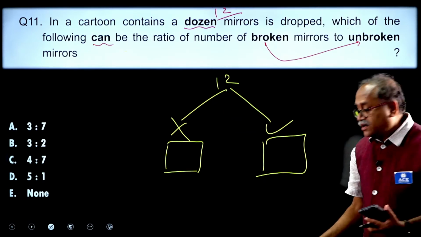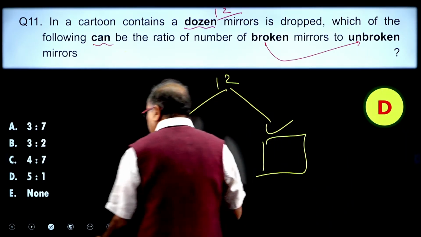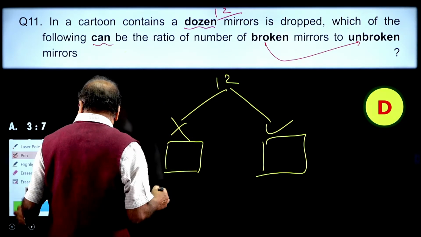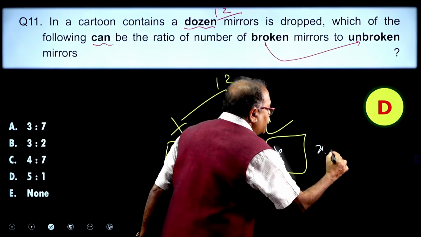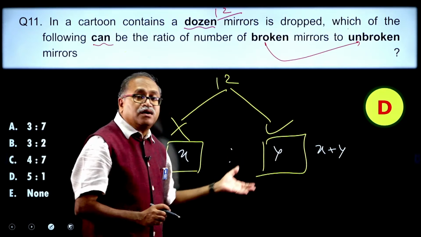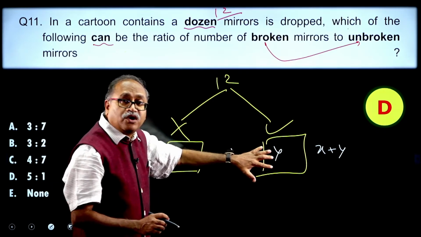Yeah, that's right. Because whatever the ratio is here, x is to y, the total x plus y must divide 12. Then only you can have a number of mirrors, broken and non-broken.